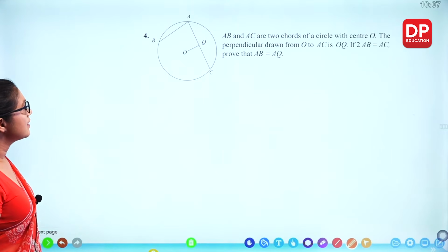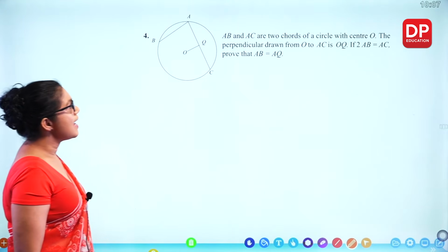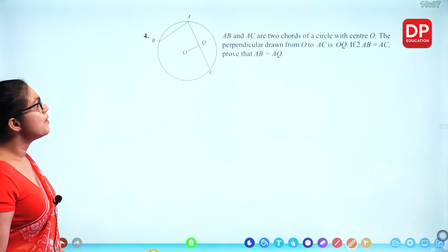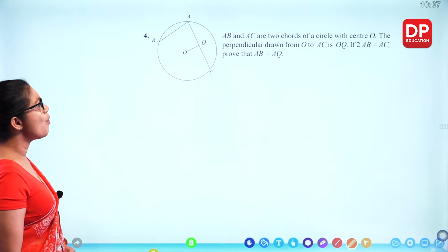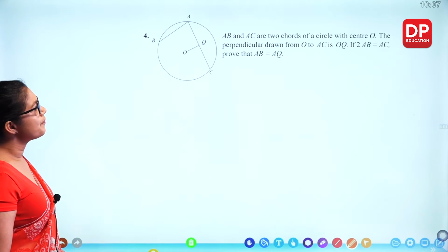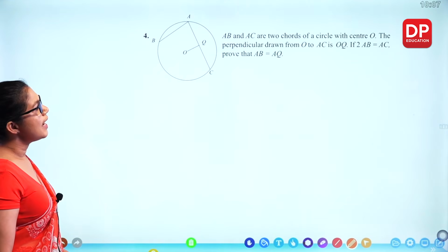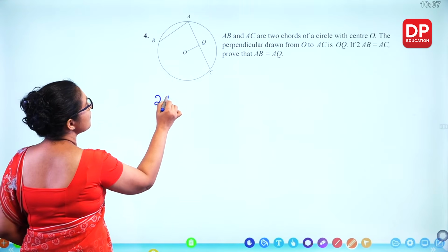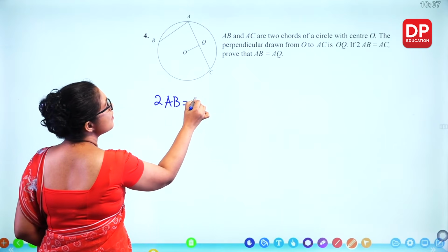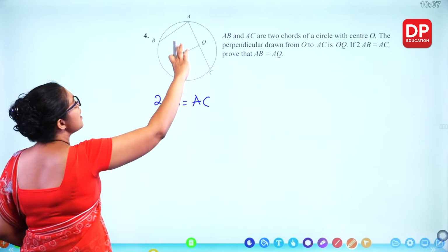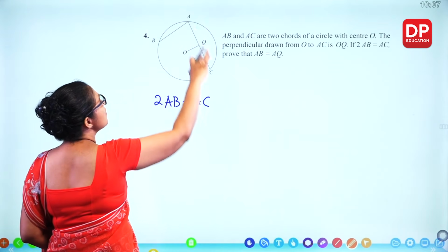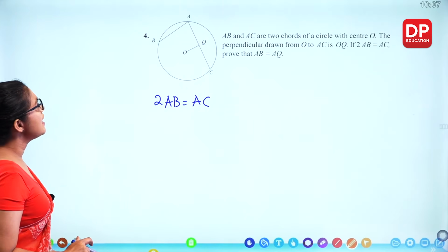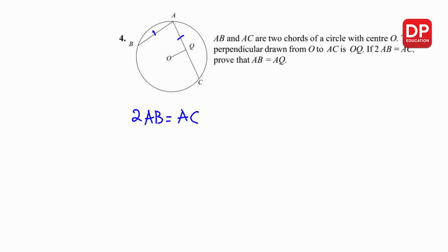Now we'll take the next question. It says AB and AC are two chords of a circle with center O. The perpendicular drawn from O to AC is OQ, and if 2 times AB is equal to AC, prove that AB is equal to AQ.